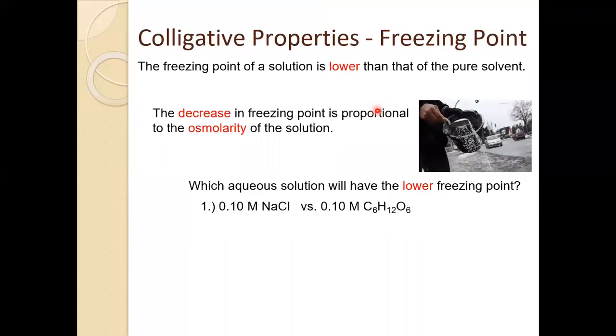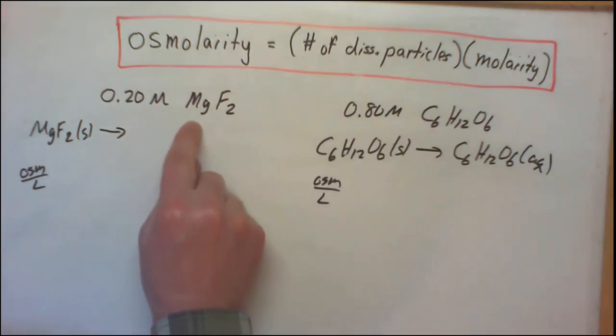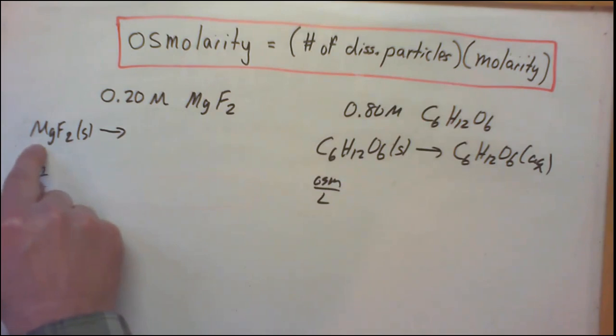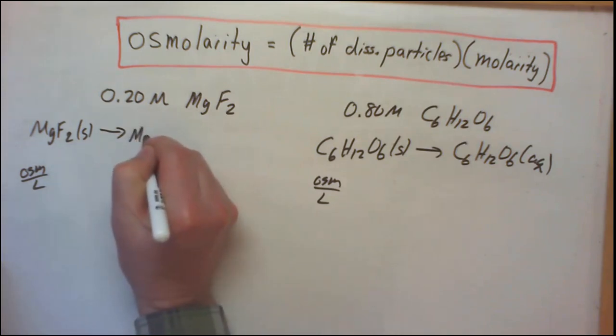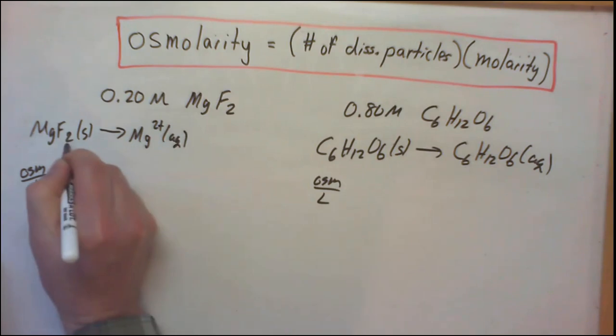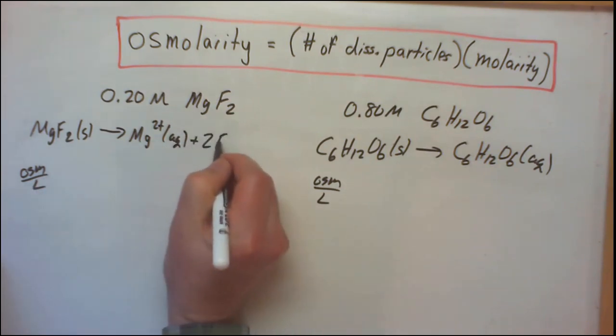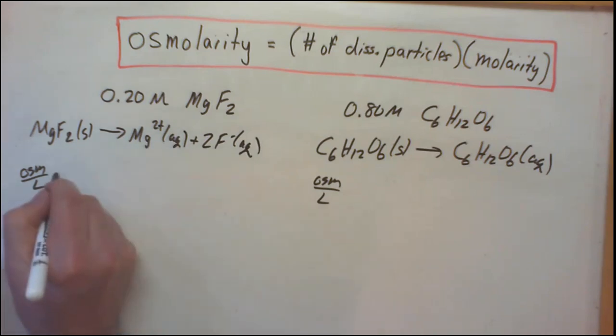In our second example, we'll compare a 0.2 molar magnesium fluoride solution to a 0.8 molar C6H12O6 solution. So for magnesium fluoride, an ionic compound, it will break apart into two types of particles, cation and anion. Specifically, it produces 1 magnesium ion and 2 fluoride ions, for a total, notice, of 3 particles.